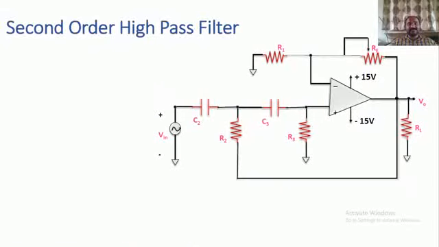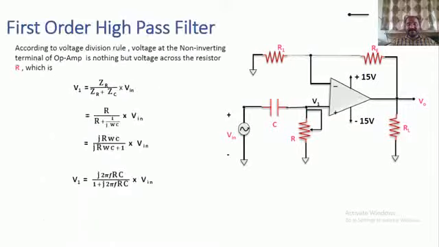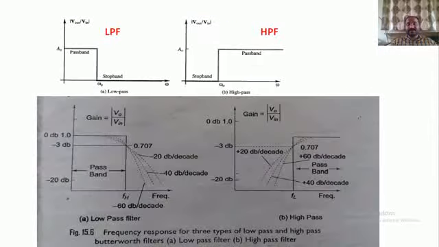If you want, you can see the ideal characteristics also. Ideal characteristics I have shown you over here now. So as I told you, if you are taking the first order low pass filter, this is the response of the first order low pass filter. If you are taking the second order low pass filter, what is the use of increasing the order of the filter? Increasing the order of the filter is nothing but avoiding the unwanted signal.